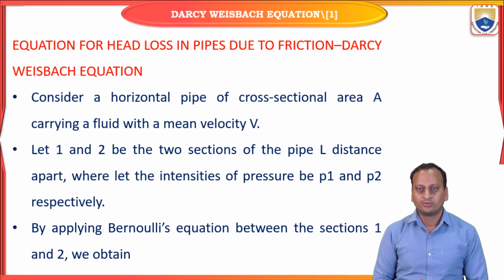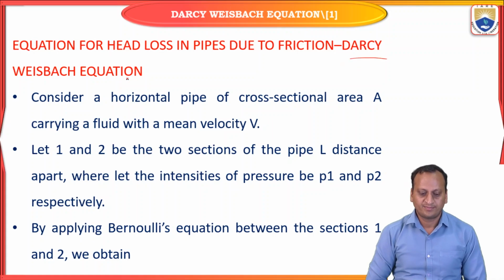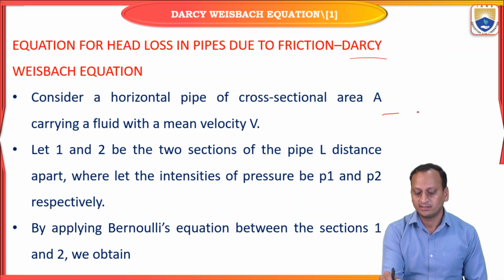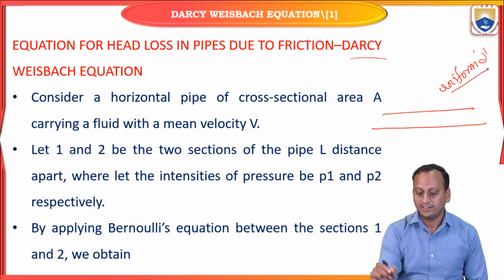Now we are going to derive an expression for major energy loss, which is derived by Darcy-Weisbach. This is also known as Darcy-Weisbach equation. Before going to the derivation, we have to consider a pipe of uniform diameter, with cross section 1 and cross section 2, and the fluid is flowing in this direction.